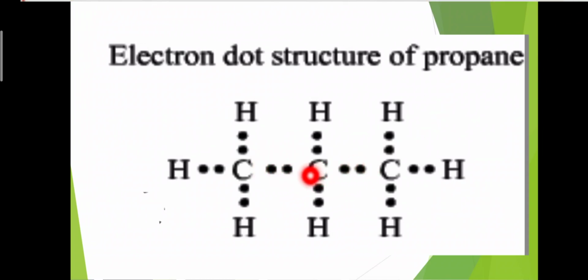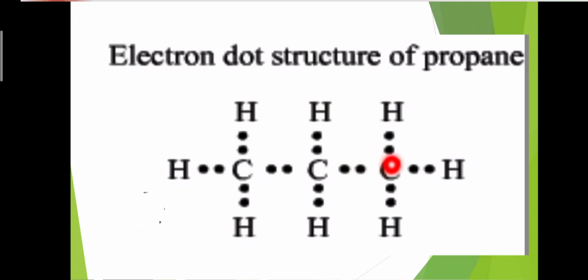This carbon is directly bonded with 2 carbon atoms. 4 electrons in its valence shell, 1, 2, 3 and 4. Two valence electrons are involved in carbon-carbon bonds, while two valence electrons form bonds with these 2 hydrogen atoms.